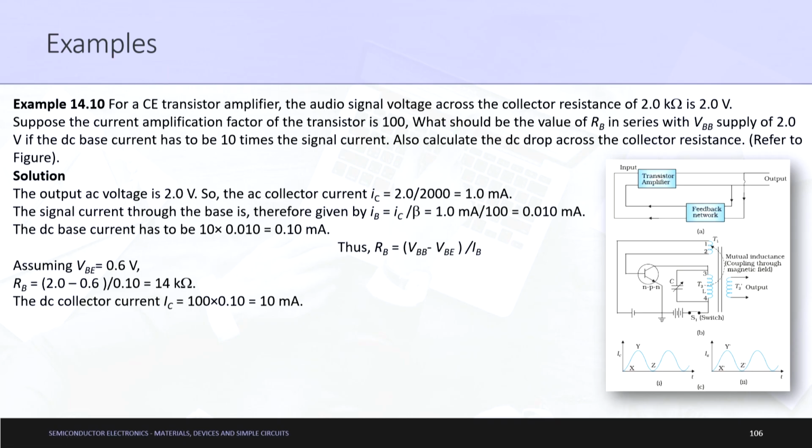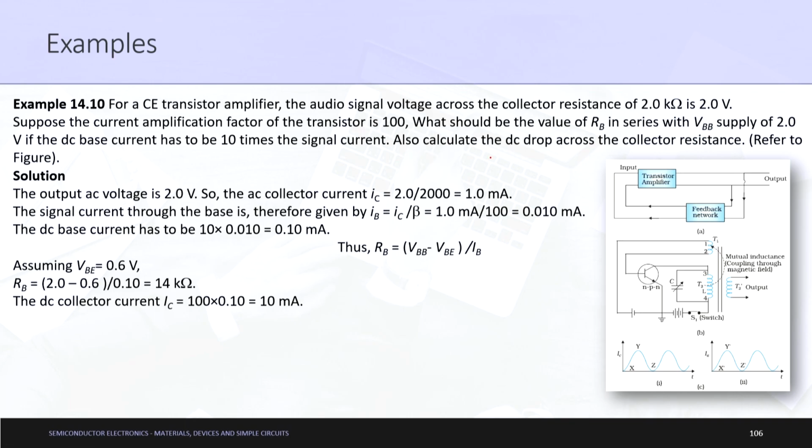The audio signal voltage across the collector resistance of 2 kilo ohms is 2 volts. Suppose the current amplification factor of the transistor is 100. What should be the value of RB in series with the VBB supply of 2 volts if the DC base current has to be 10 times the signal current? Everything is given to you, just try to write each and every concept line by line and you can understand the problem.